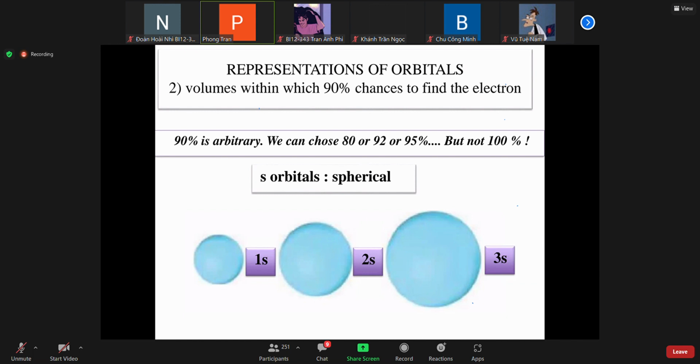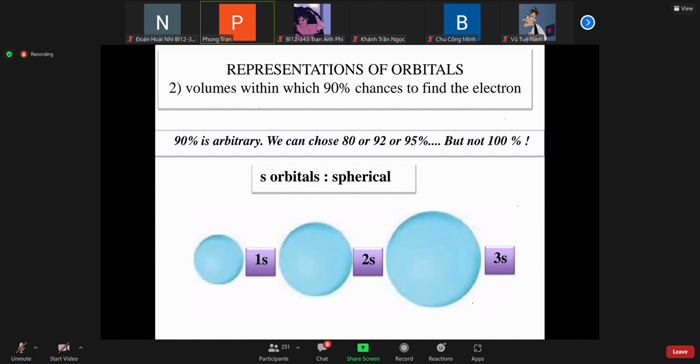And we say that the orbital represents the volume of space, the portion of space surrounding the nuclei, where you can have a high probability to find an electron. But what does high probability mean? High probability can be 80%, 90%, 95%, but never 100%.